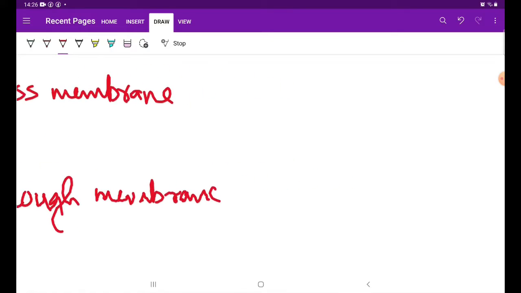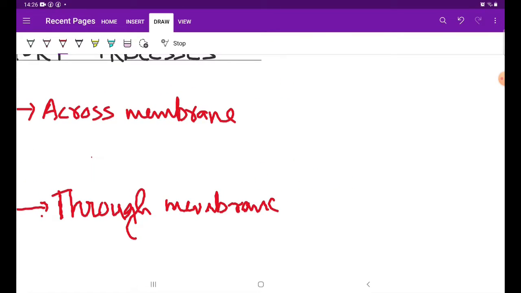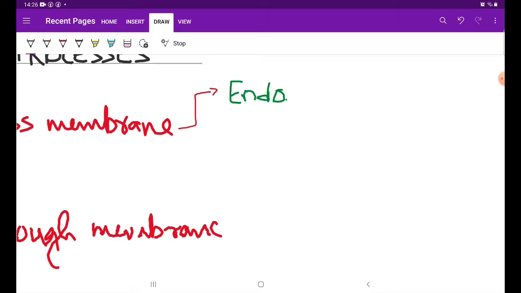Now in case of across the membrane, there are two types: endocytosis and exocytosis.